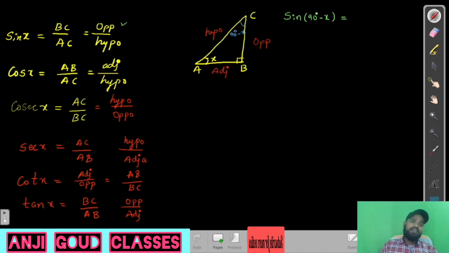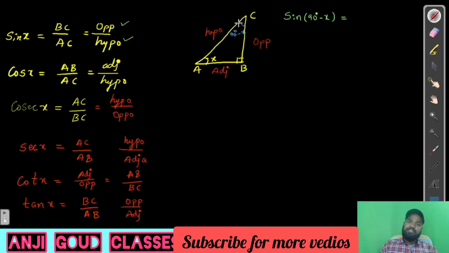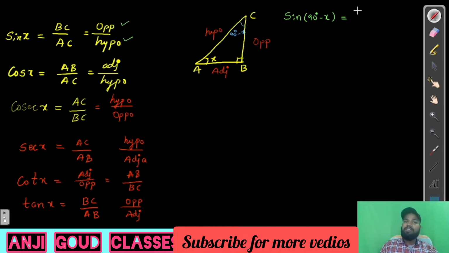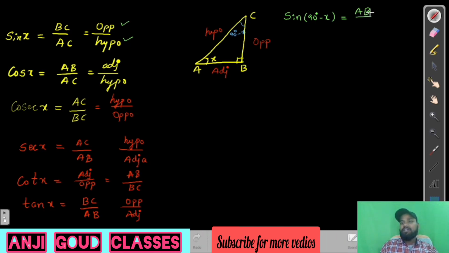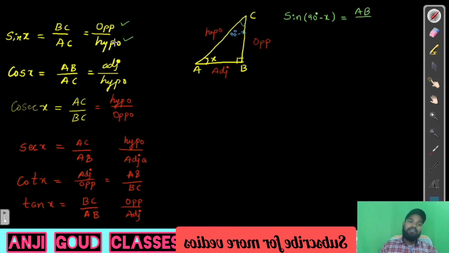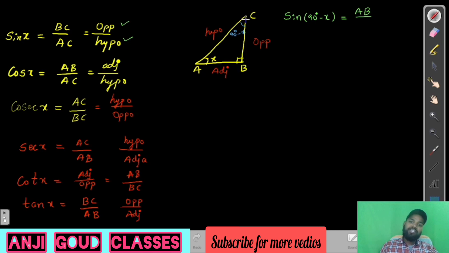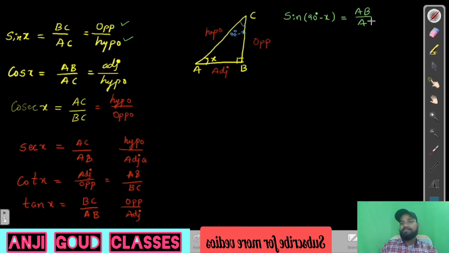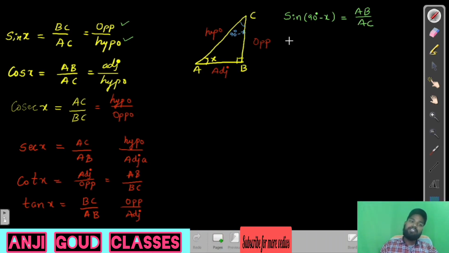Sine is opposite by hypotenuse. With respect to this angle, opposite is AB, and hypotenuse is AC. Sine completed.